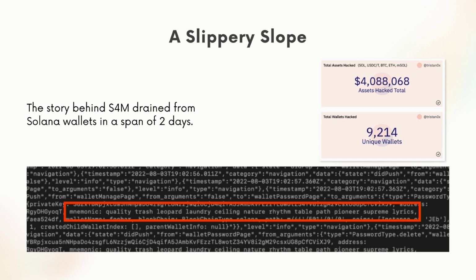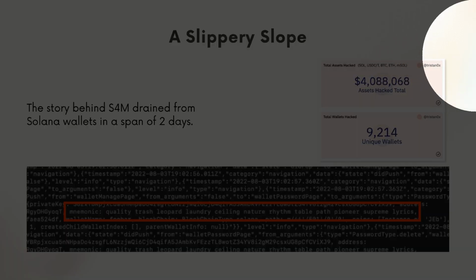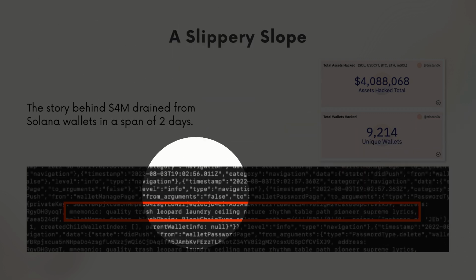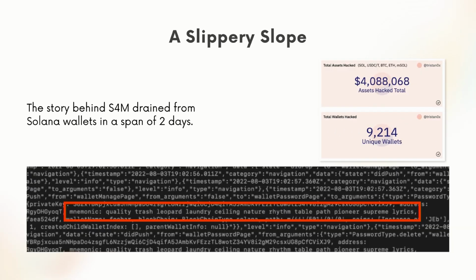And you know why? Because they were logging some stuff and sending it to their in-house logging servers. And the logs had the 24 or 12-word recovery phrase, which is shocking. It wouldn't normally happen in an open source wallet.